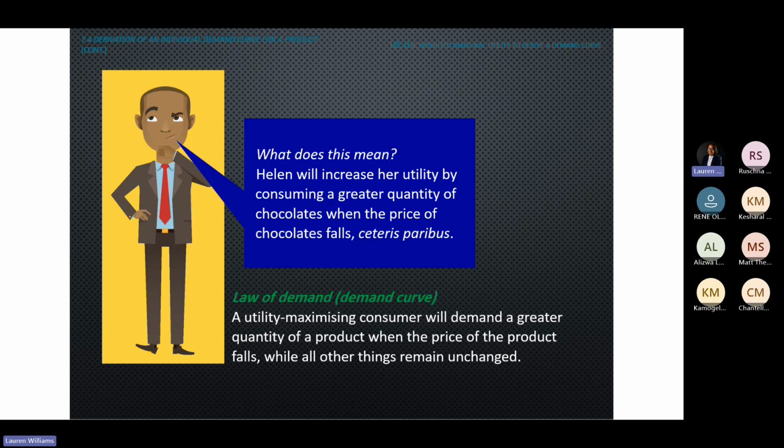So ceteris paribus, essentially. And that's how our demand curve gets derived for that particular product. Demand right now is very subjective based on the consumer. It's individual demand, not demand as a whole at this point. We're looking at each individual consumer because every single consumer has their own budget.